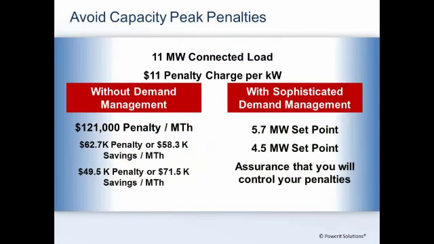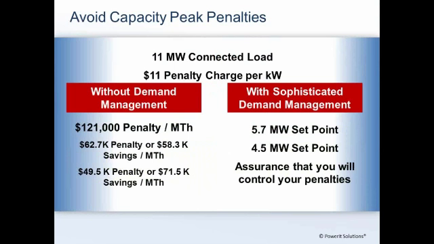At Cannon Muskegon, what we found as we got in, we had 11 megawatts of connected load. On our furnace melting circuit, we were paying an $11 per kW demand charge. Without the demand management system in place, we had the capability of hitting $121,000 a month peak demand charge.